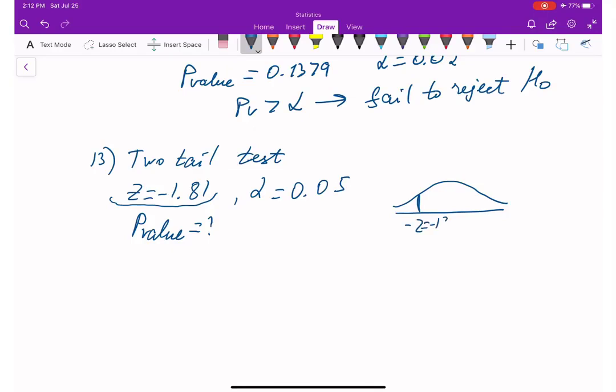Equal to negative 1.81. Because these tails are always symmetric, the positive z-score is also going to be 1.81. Yes? So what we are going to do, we need to find a negative z-score that is equal to negative 1.81. Okay? Let's find it.